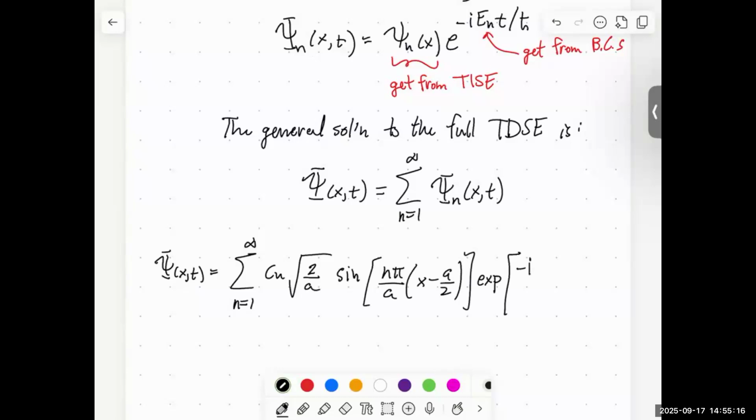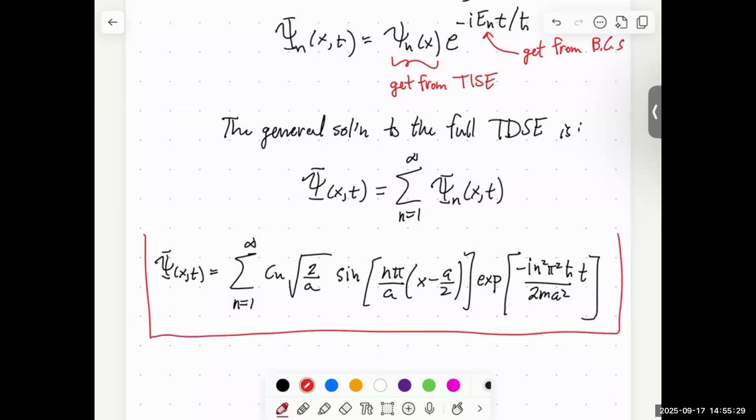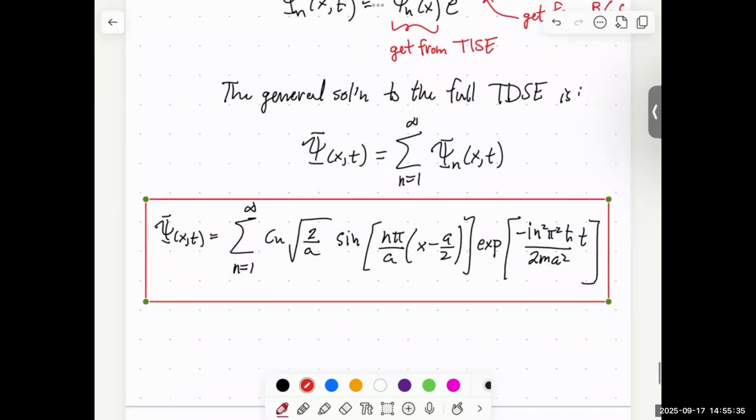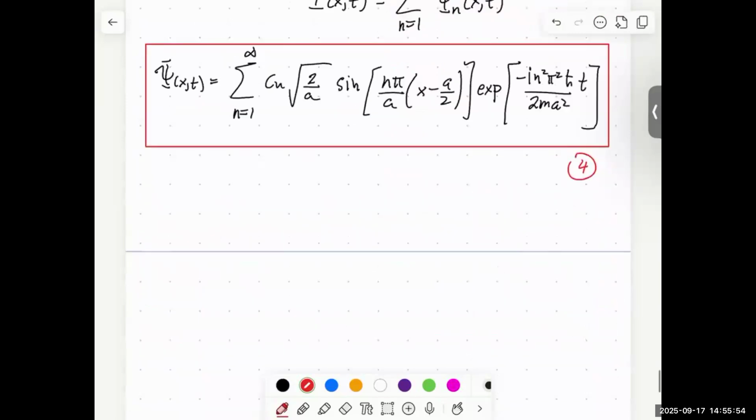For us, En was n squared pi squared h bar squared over 2ma squared. And then we need our factor of time. And that is the full solution to the time-dependent Schrodinger equation for the infinite square well potential. And we have a prescription for finding the Cn's. All right. So to see how this all works, let's imagine the following.